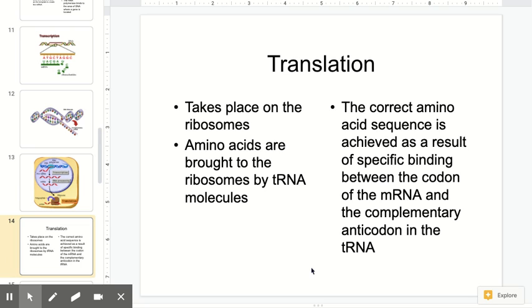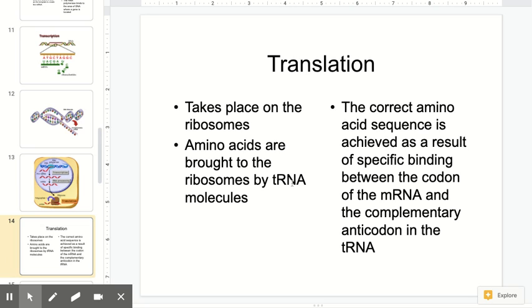So again, we've written down the message in transcription. That messenger RNA has now left the nucleus, and it is time for translation to happen, just like translating from one language to another. So during translation, again, this happens on a ribosome. Amino acids are brought to the ribosome by tRNA.